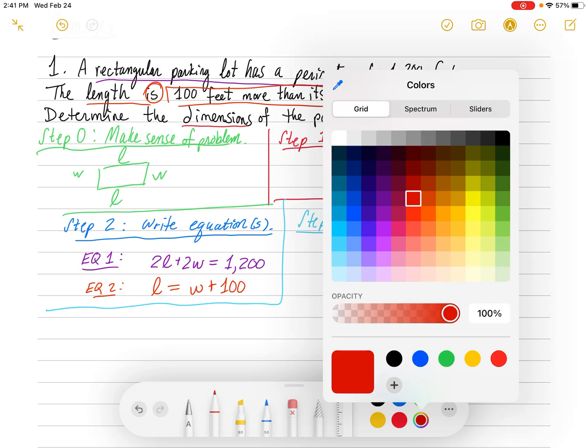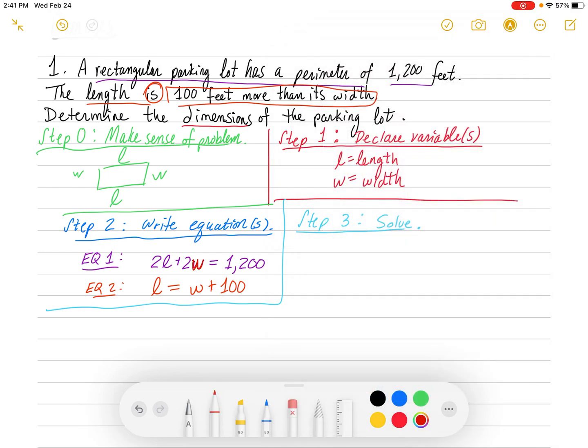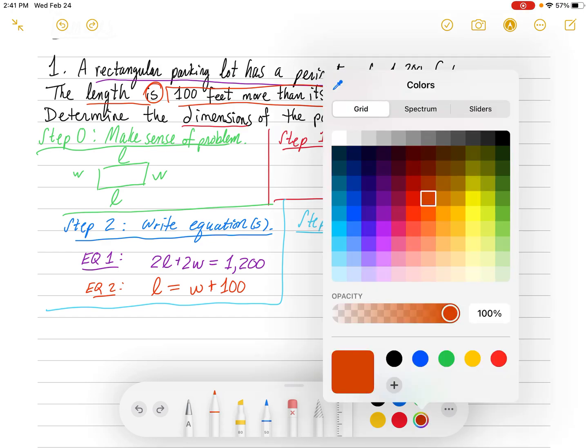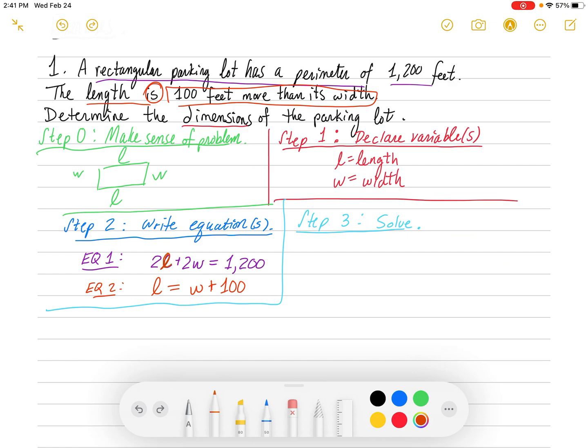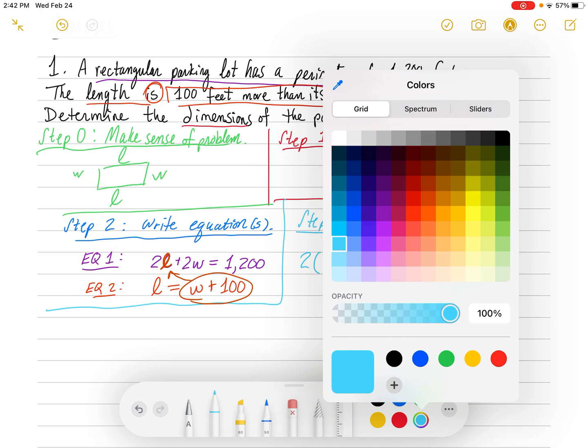So what I'll do here, this L right here in the first equation, I can replace with W plus 100. I'm going to have 2 times a blank plus 2W equals 1,200. So in place of that L, we're going to put W plus 100.